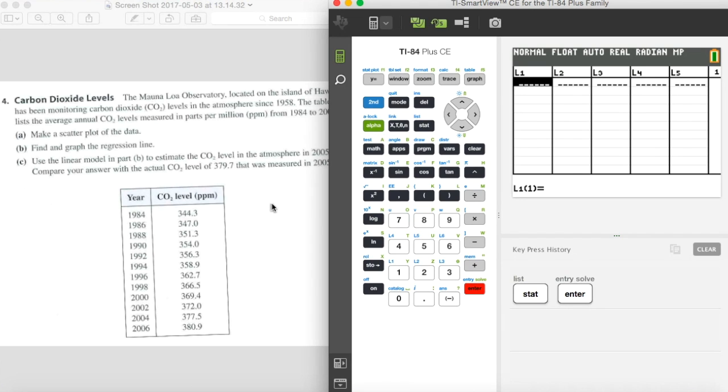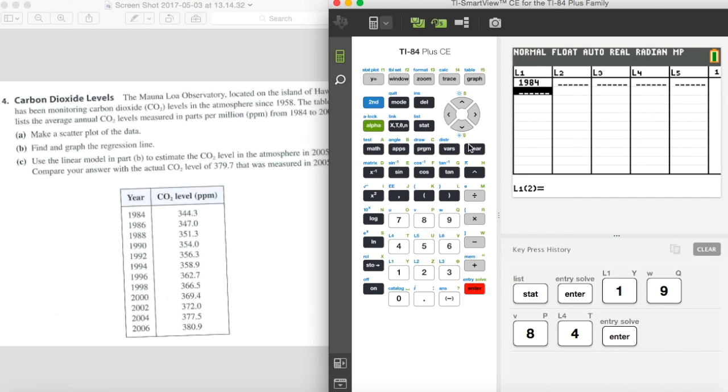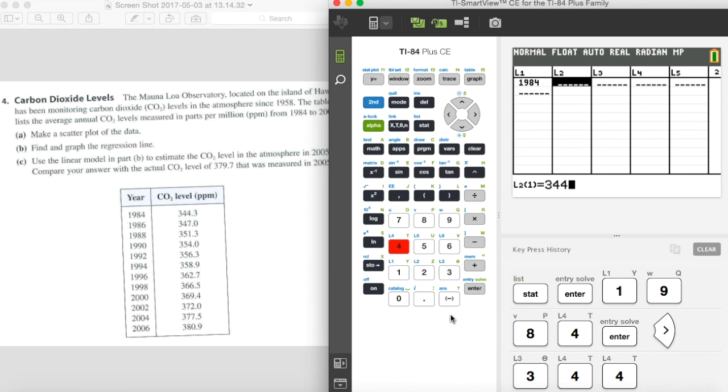So I'm going to do it using the year and not the years since 1980. I'm going to put in 1984 for X, and then just start counting up by 2 years. Then you need to put in the corresponding value for the carbon dioxide level.